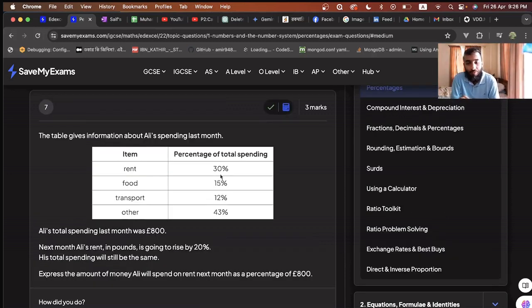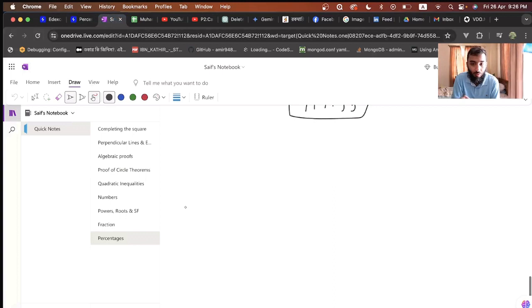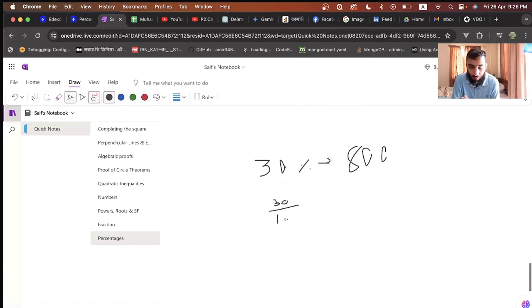So let's first figure out what is the amount of money that Ali spends on rent. What is the rent? 30% of £800, right? 30 by 100 multiplied by 800.